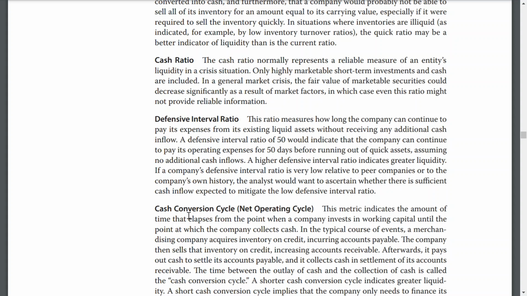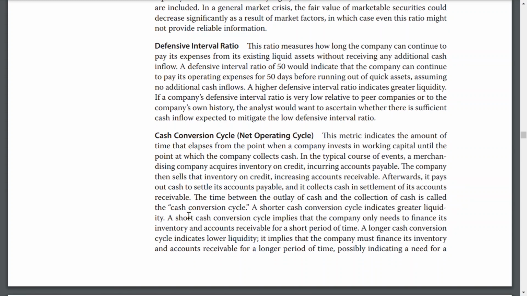Cash conversion cycle, net operating cycle. The metric indicates the amount of time that elapses from the point when a company invests in working capital until the point at which the company collects its cash. In the typical course of events, a merchandising company acquires inventory on credit, creating accounts payable.